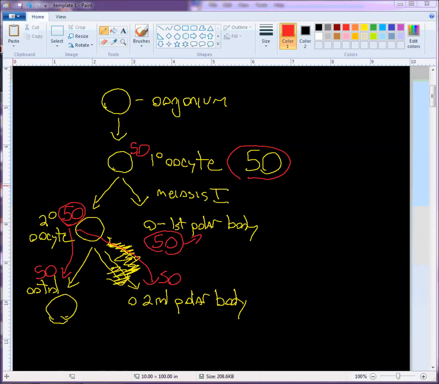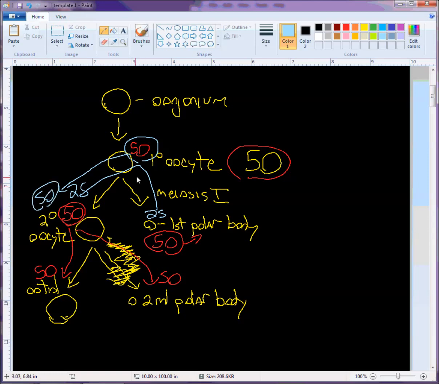Now sometimes students get confused and they want to say, okay, well when this 50 here divides, we're going to get 25 of these and 25 of these. That's not the case. So when this divides, you're actually getting 50 of one thing and 50 of the other. And it works that way all the way through.